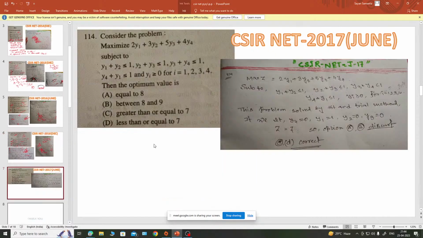Now go to the next question. This question is from CSIR NET 2017 June.